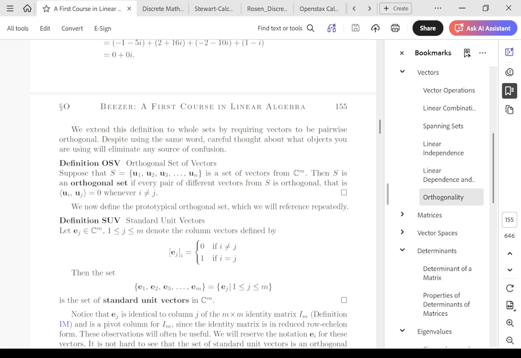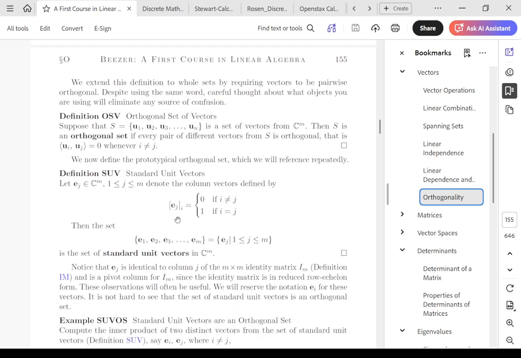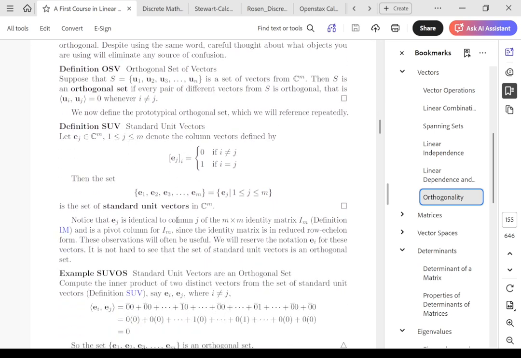Okay, and then we see here, right below the definition of an orthogonal set, we define the standard unit vectors, which we call E sub j, right?